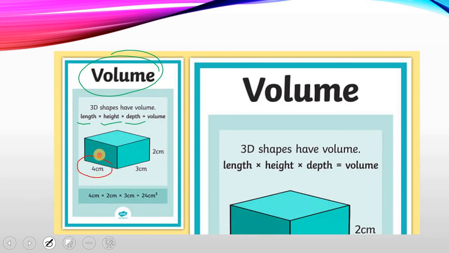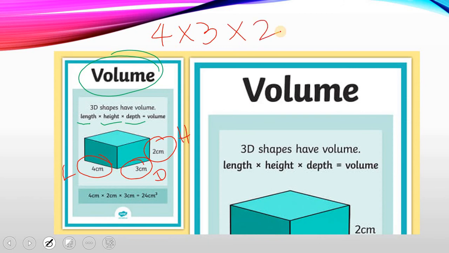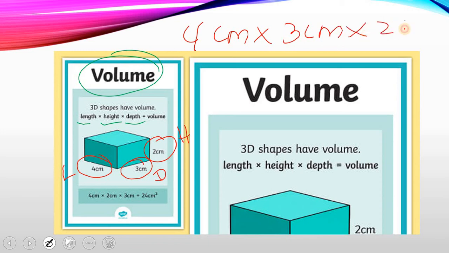So we have length, height, height darab dengan depth ataupun width. So 4 darab 3 darab 2. Okay, you only have to write here 4 cm times 3 cm times 2 cm.